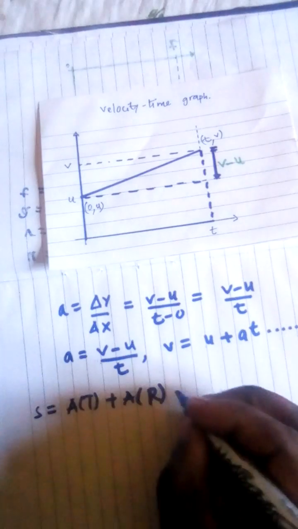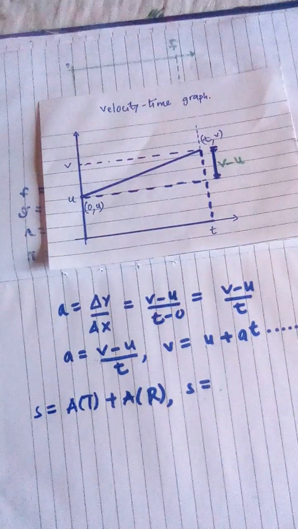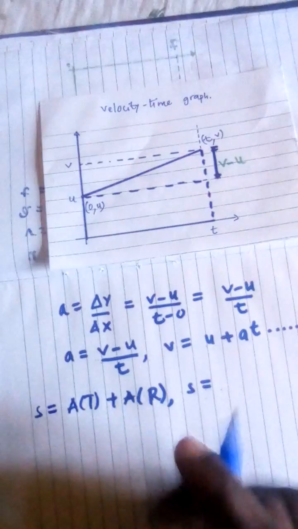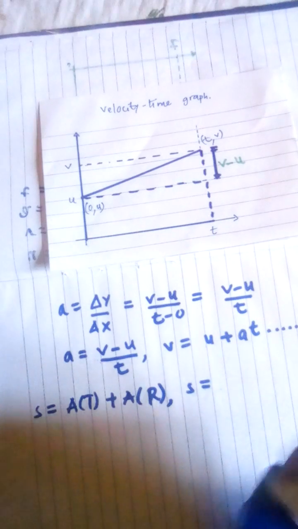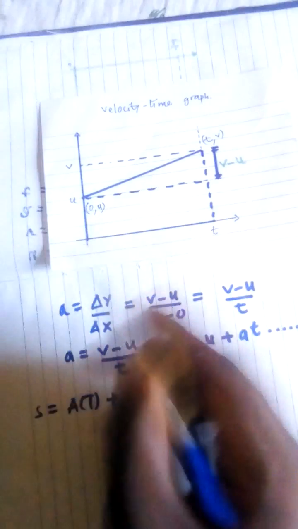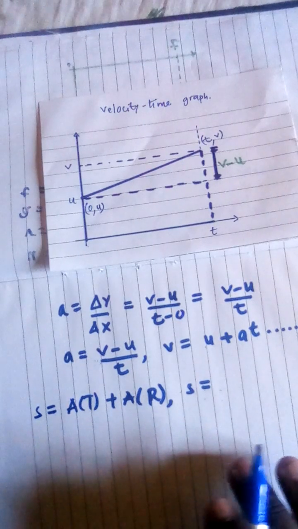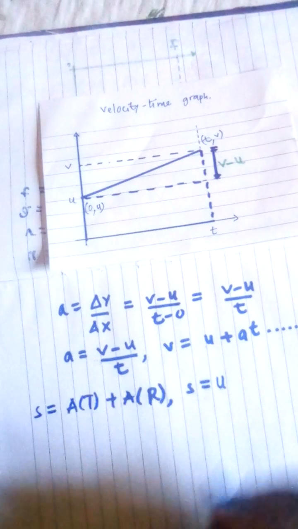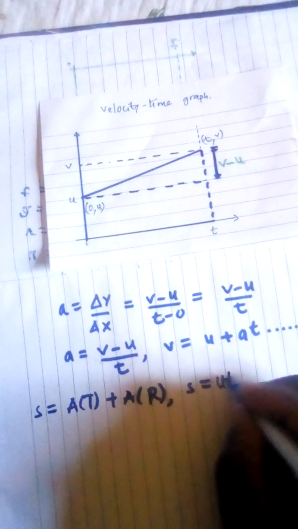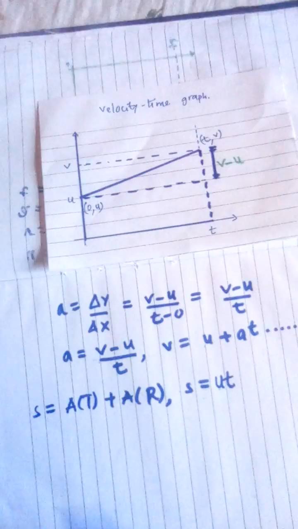So this s will be the area of the rectangle, which is given by the distance from here to here, t, and from here to here, u. So the area of the rectangle is u times t.